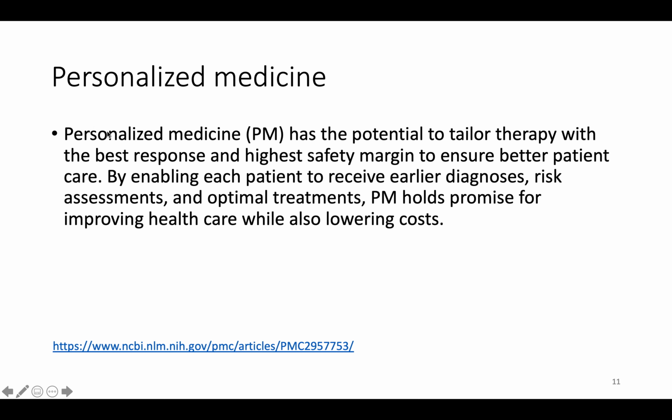Personalized medicine has the potential to tailor therapy with the best response and highest safety margin to ensure better patient care by enabling each patient to receive earlier diagnosis, risk assessments, and optimal treatments. Personalized medicine holds promise for improving healthcare while also lowering cost.